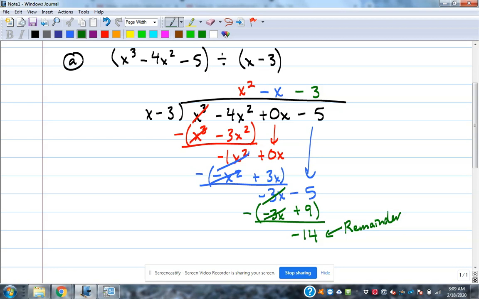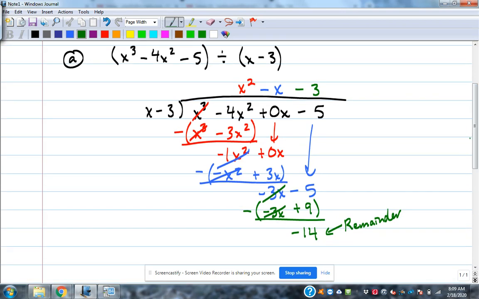I've got a remainder. The way that we write remainders and quotients in long division or any kind of polynomial division, you've got your quotient here, the x squared minus x minus 3, and then you're going to add negative 14 over x minus 3. So you write it as a fraction. Remainder over what you divided by, always.